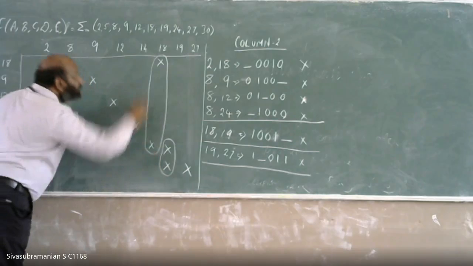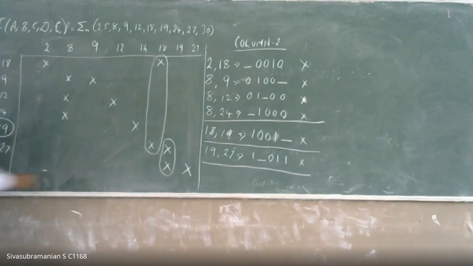Look at this pattern. This is standing to be a non-essential prime implicant, my 18, 19, while 19, 27 is mandatory.